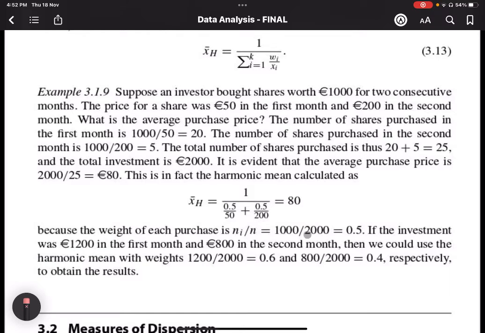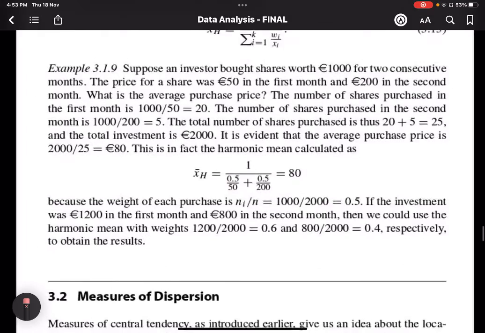The second month is the same since we have the same investment, 1,000 din. So 1,000 over 2,000 will give us the same weight. So 0.5 over 50 plus 0.5 over 200, which is the amount per share for the second month. After computing this, we will arrive at the same average.